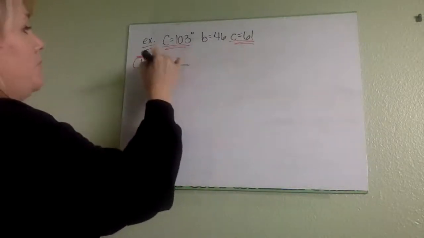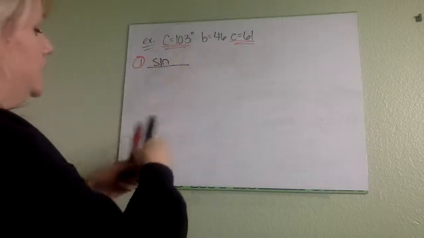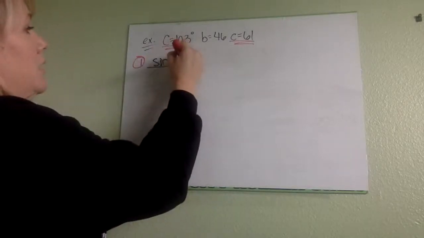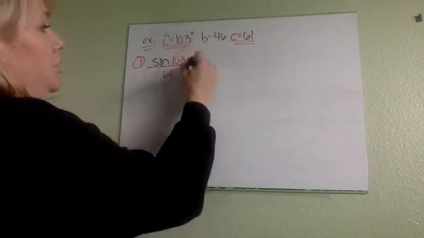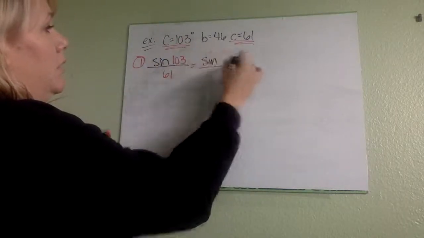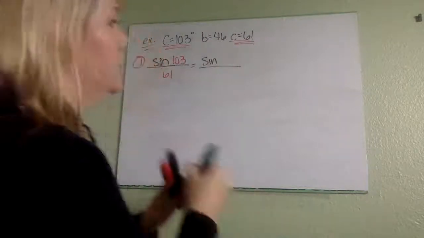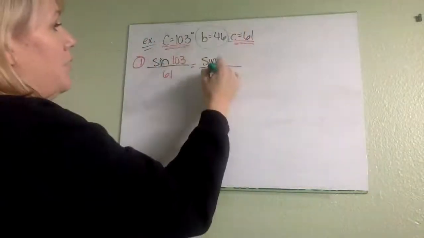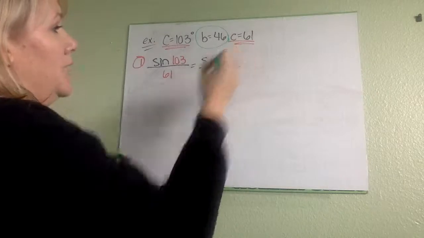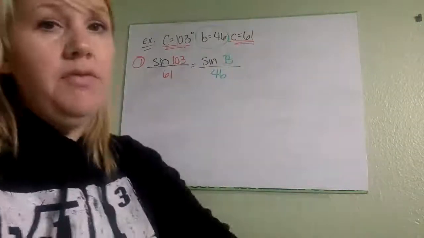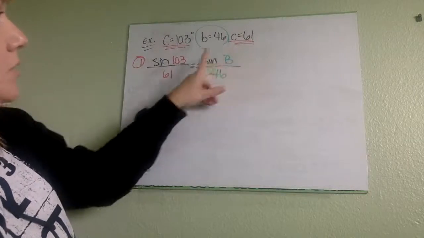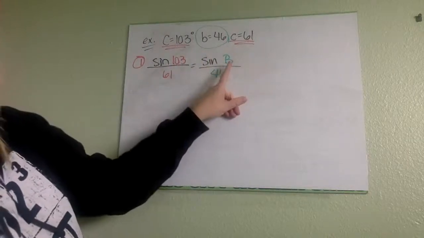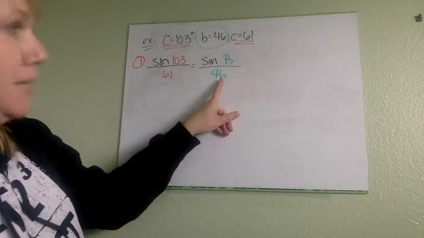So the sine of angle C, which is 103, over side C, which is 61, equal to, and this one we will use the B piece of information, but angle B is what we're missing. So we should have the sine of 103 degrees over side C, which is 61, equal to the sine of angle B, which we don't know yet, over side B, which is 46.